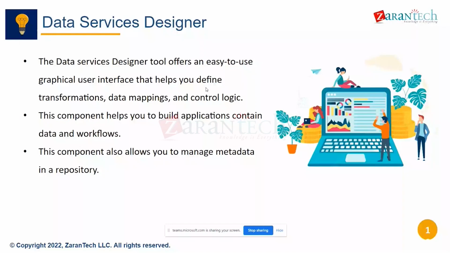For example, there is a source table with hundreds of columns. We don't need all of the columns mapped to the target. We need only a few of the columns mapped to the target. In that case, whatever columns are required, we can map those to the target. So that type of thing we can do from the designer.